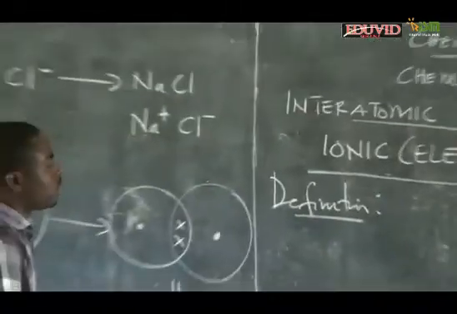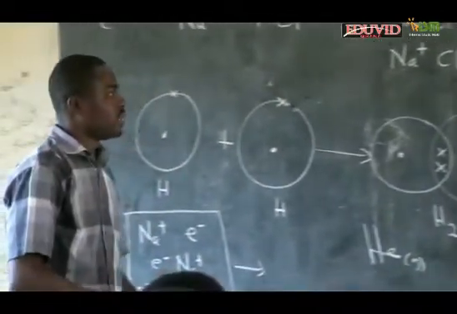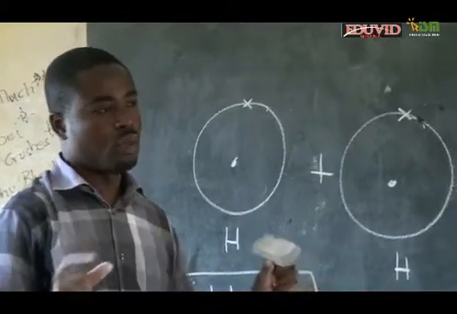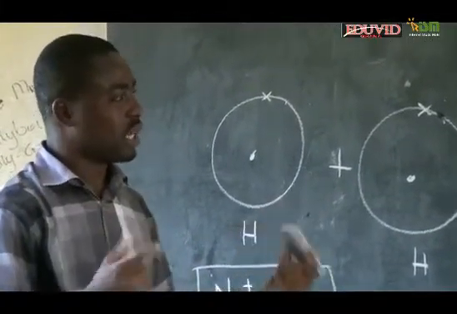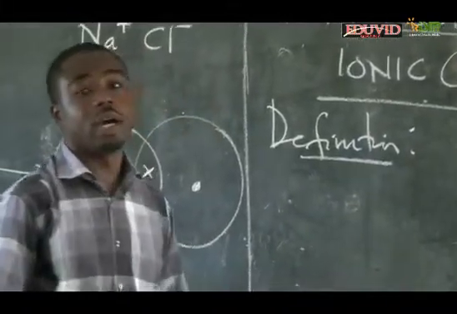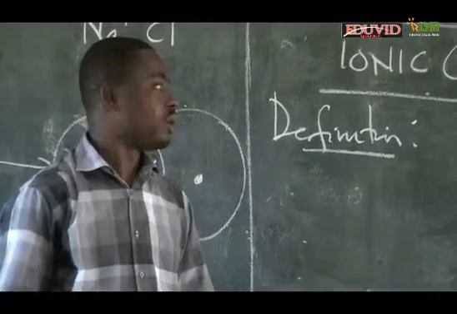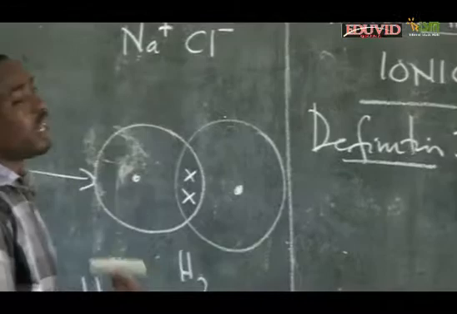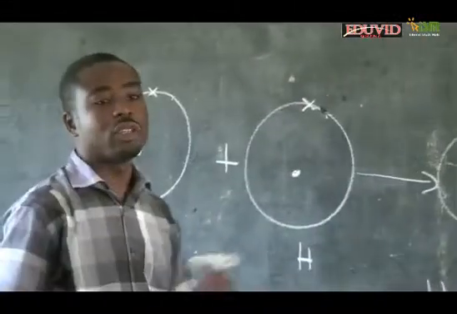Now, an ionic or electrovalent bond is simply defined as an electrostatic force of attraction between two oppositely charged species. That is, between a cation and an anion. Or simply put, it's a force of attraction between an electropositive element and an electronegative element.